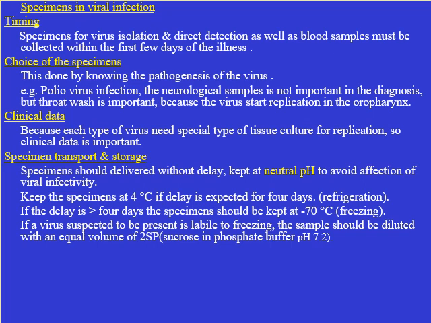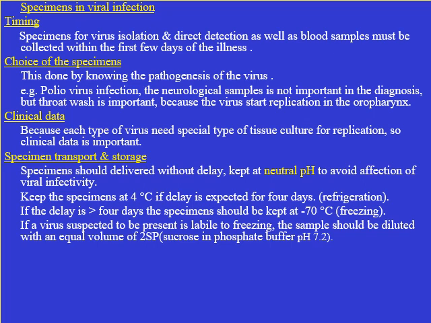Keep the specimen at 4 degrees centigrade by refrigeration if a delay of up to 4 days is expected. If the delay in shipping the specimen to the lab is more than 4 days, the specimens should be kept at minus 70 degrees centigrade, freezing.